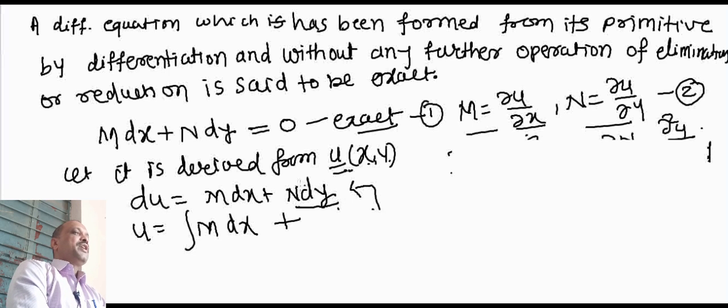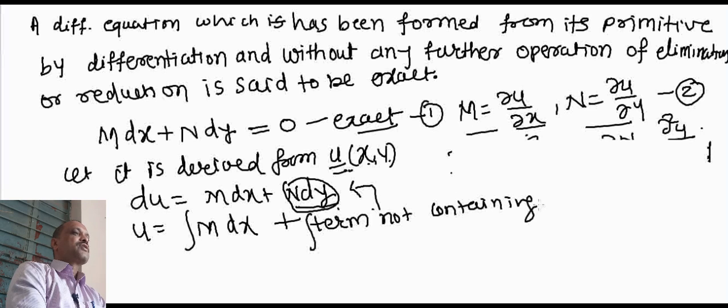Now, we do not integrate the second term totally; we take only those terms from it not containing x, and we integrate this with respect to y. So, we find this u by direct integration.